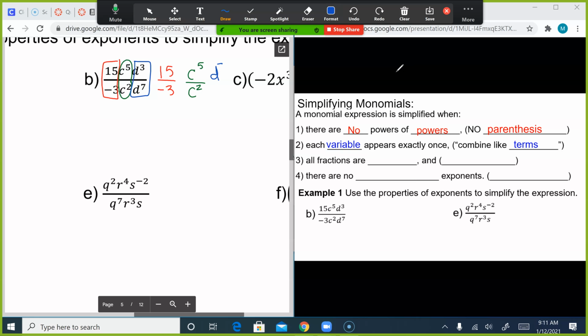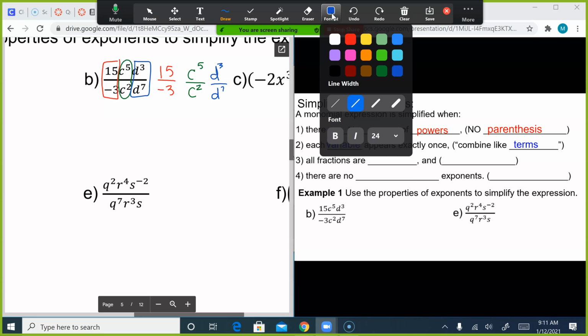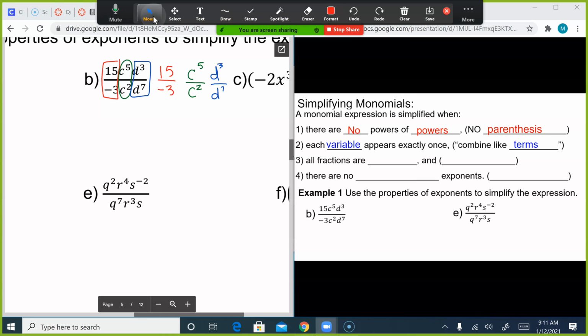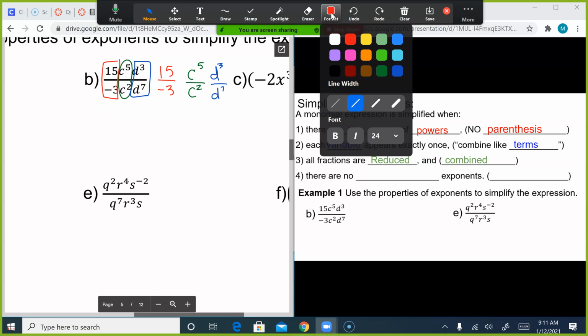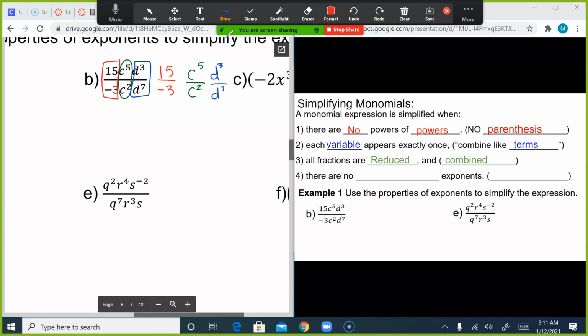If they're not in order, then this step would be to put them in order. Combine your variables together. And now I actually do the fraction parts. So I want to reduce the fractions and combine them so that I only have one of each. So here, 15 divided by negative 3 is negative 5.